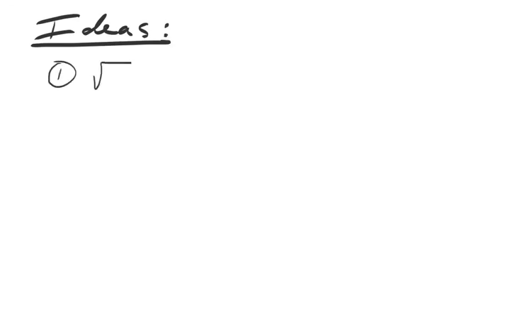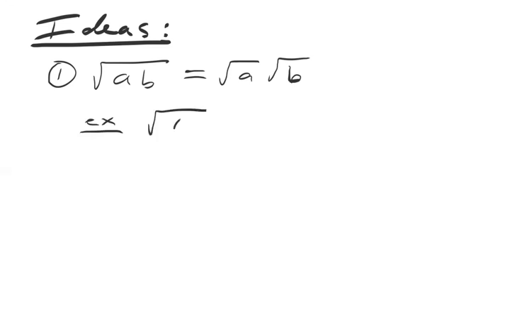Okay, now we're going to introduce some other ideas. First idea is, if I have the square root of two things multiplied, I can break it up into 2 square roots multiplied. So an example of this would be that if I have the square root of 6, I could write that as the square root of 2 times the square root of 3.